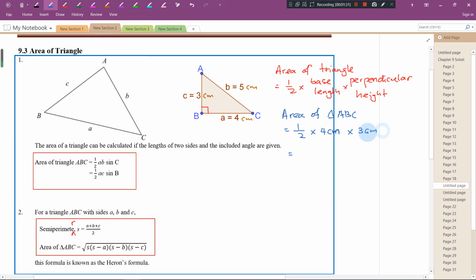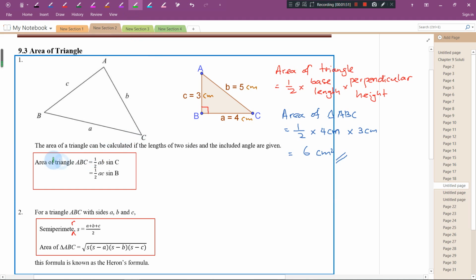You can just press your calculator. 6 square centimeters. So this is the area of this right angle triangle. Now let's use these two more methods to get the area of this right angle triangle and see whether we get exactly the same answer.